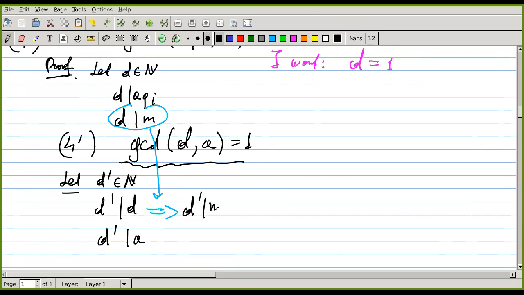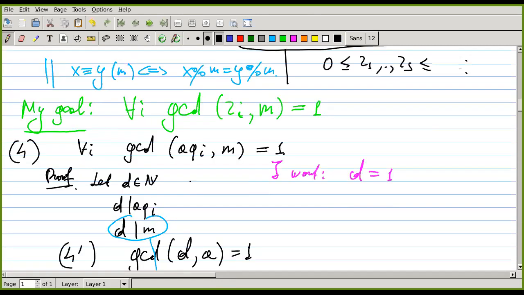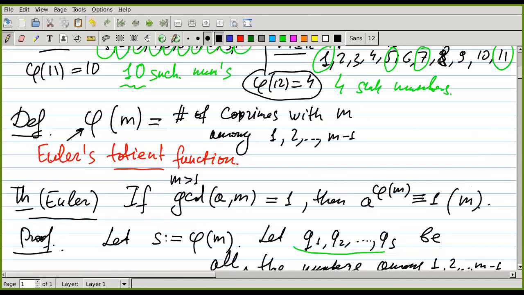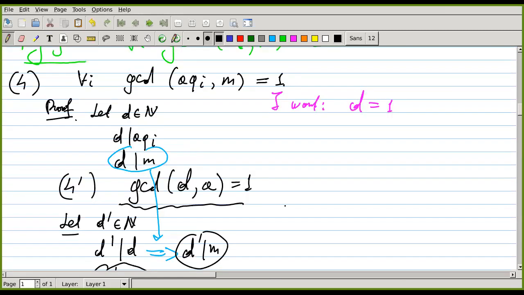Yeah. d' divides both a and m. But by our assumption, a and m are co-prime. Do you agree? Yes. a and m are co-prime.